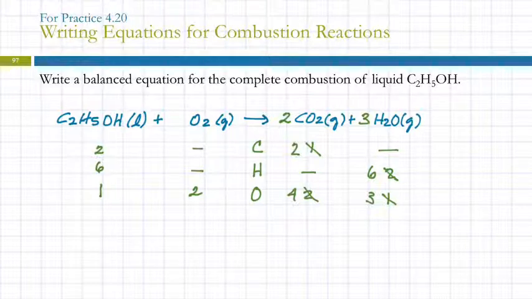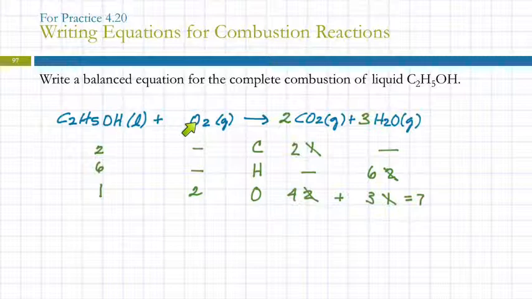And then we need to balance the oxygens. So I've got 1 oxygen in this ethanol, and I've got 2 over here. That's a total of 3. And over here I have 4 plus 3 is 7. And so I need to do something over here to bring this up to 7. I'd rather not mess around with this one. I don't want to put a coefficient here because that's going to change everything else.